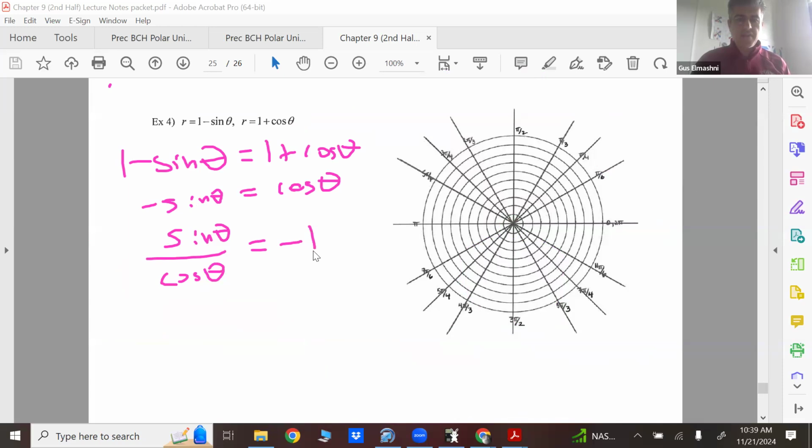Put the negative down. Didn't go anywhere, it just went to that side. Did I make a mistake? Can you put a -1? It's fine. Yeah, divide by -1, or multiply by -1.